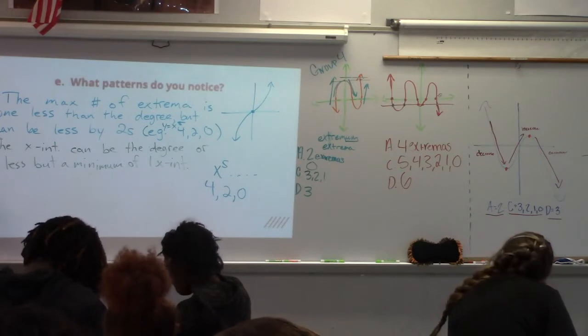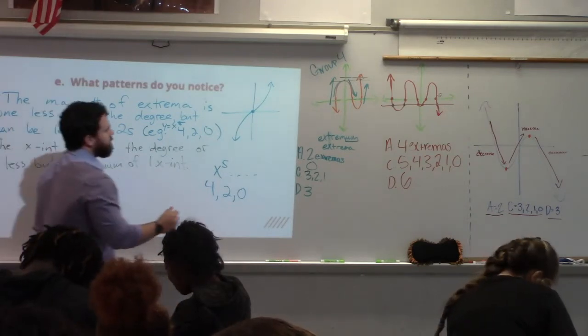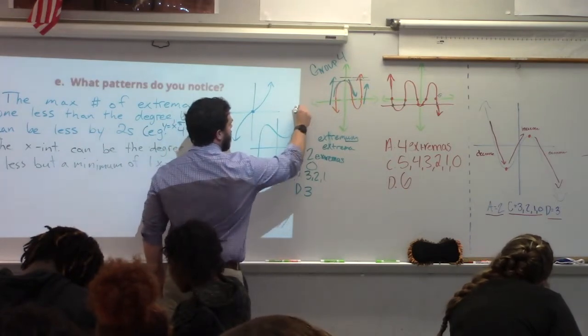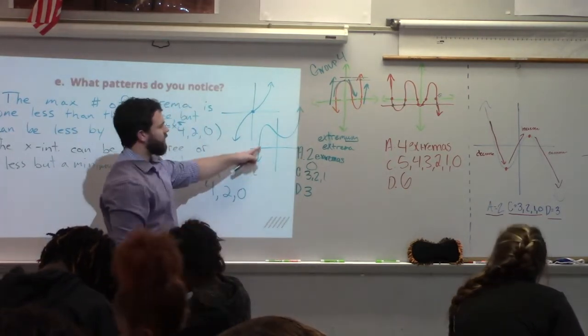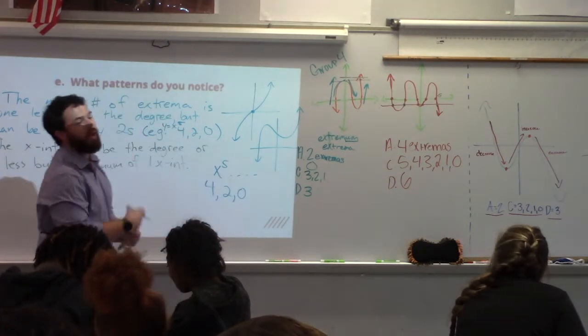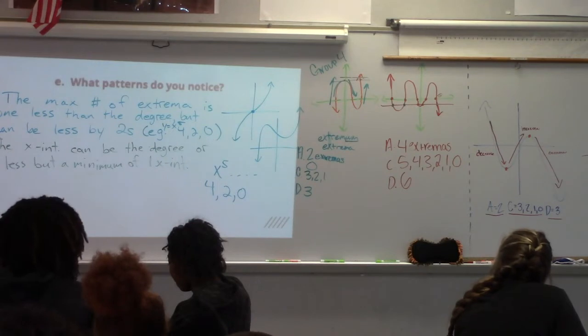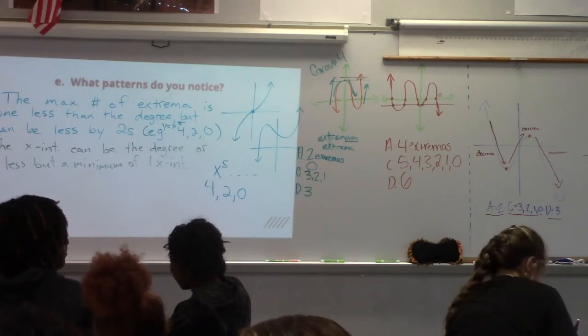Now, I will point this out, Grace Ann. It doesn't have to be, because notice if I have imaginary zeros like this, I only have 1 x-intercept that's still 2 extrema. So it can be up to 1 more.